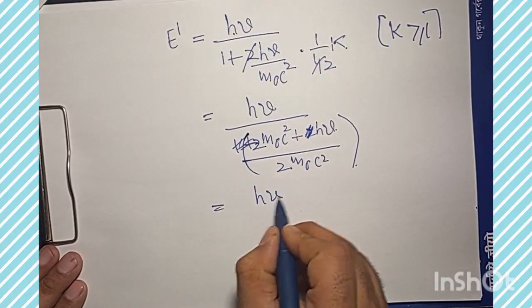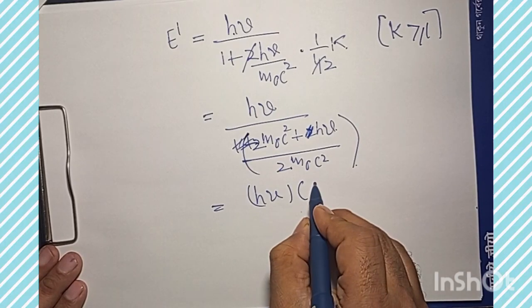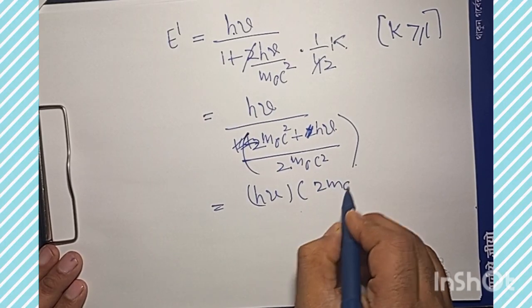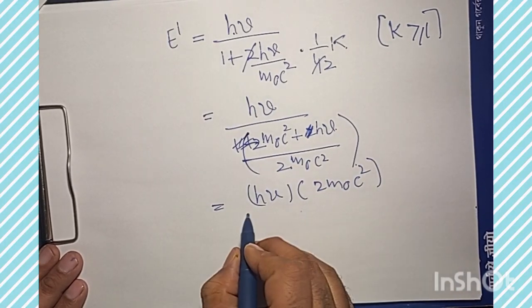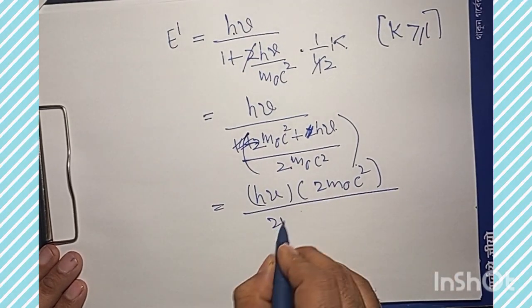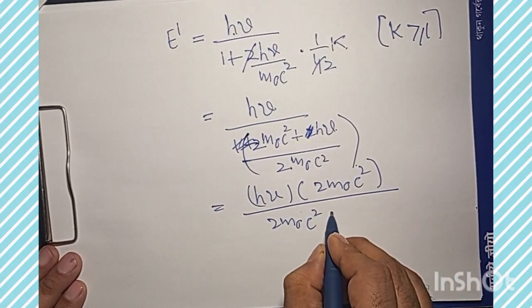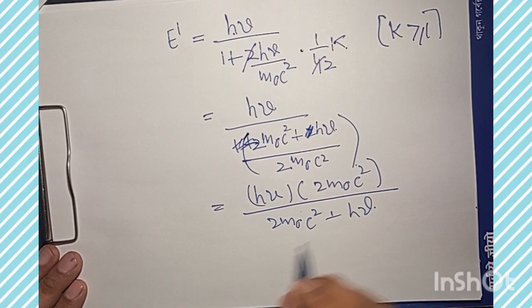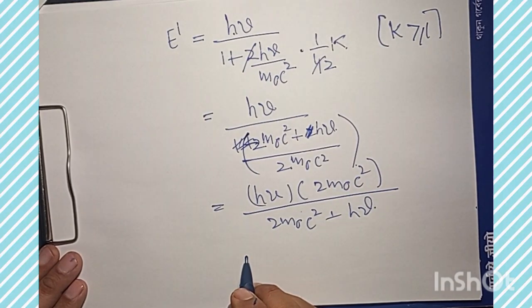So this is h nu times twice m naught c square, divided by twice m naught c square plus h nu. It looks something like this.